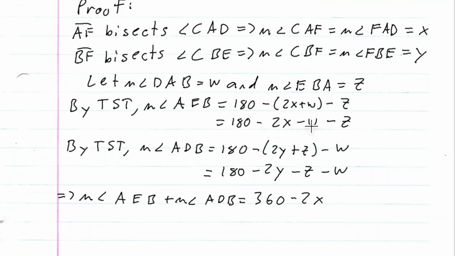Then we have negative w plus negative w, which is negative 2w, and then negative 2y. And negative z plus negative z is minus 2z. So the measure of angle AEB plus the measure of angle ADB is 360 minus 2x minus 2w minus 2y minus 2z.